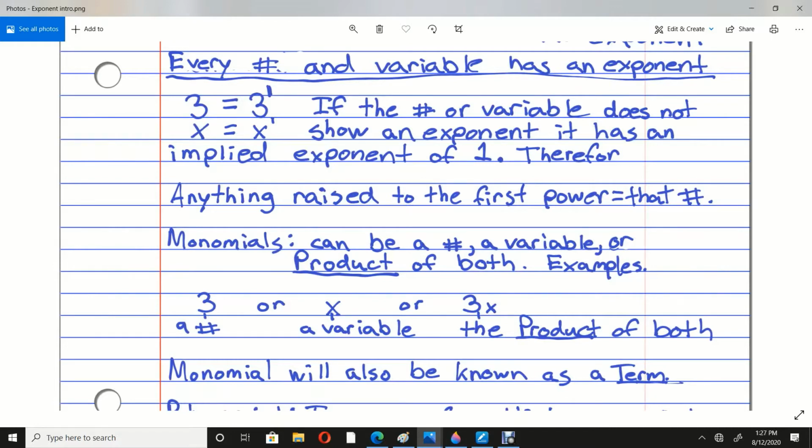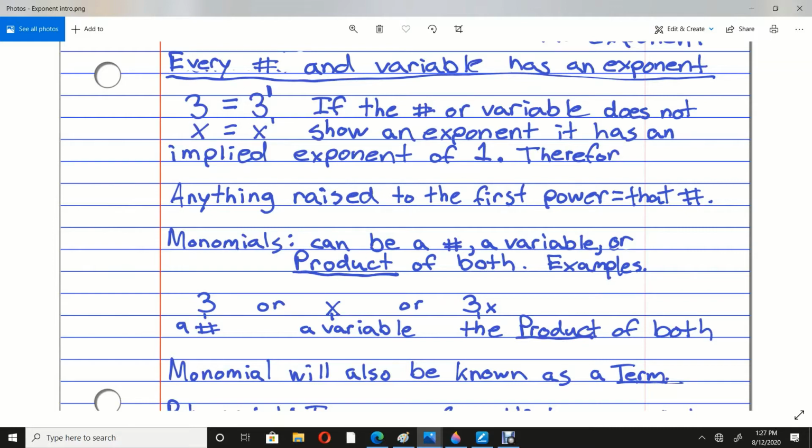Well, that is just 3 to the 1st power. Anything to the 1st power is equal to that number. But I give an illustration of why that is the case. But even, let's say, variables. This variable x doesn't have a visible exponent, but there is an implied exponent of 1. So x equals x to the 1st power, or x to the 1.